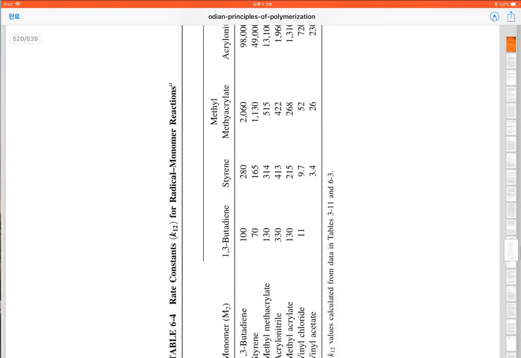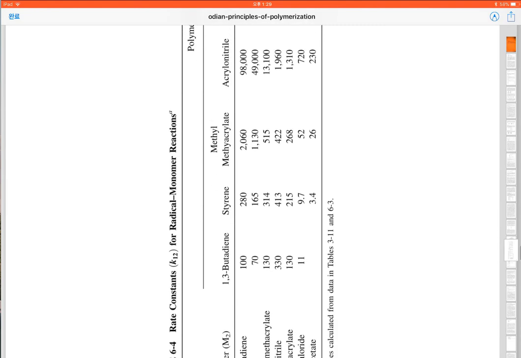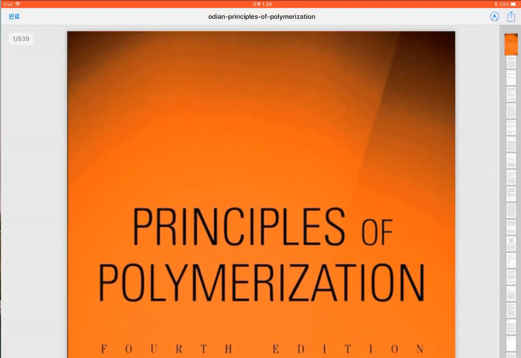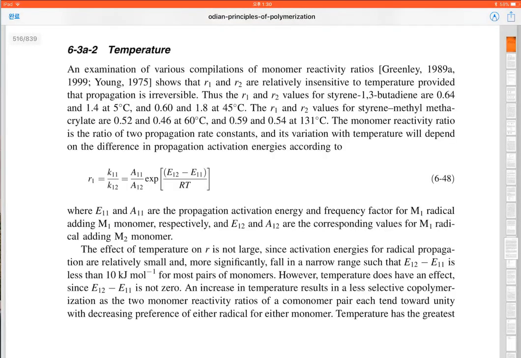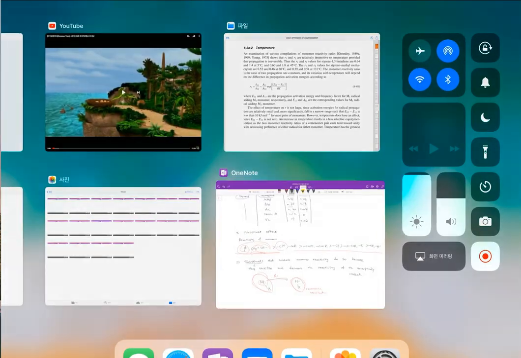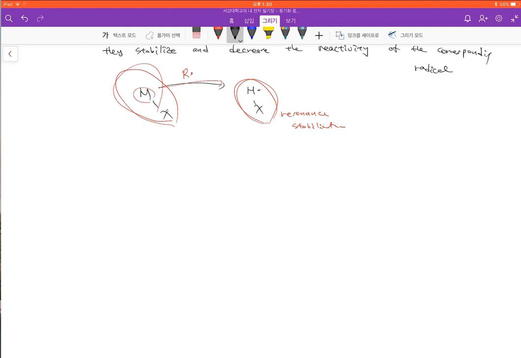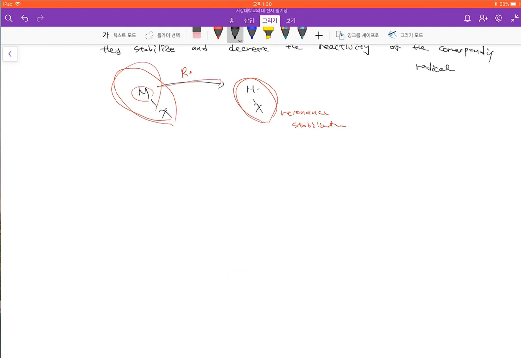We also have a different table. Let's see, where is it? I'm sorry. Okay, so 6 point. Actually, we have to see. Oh, sorry. That table. Sorry. Okay, but I don't know how to rotate it.